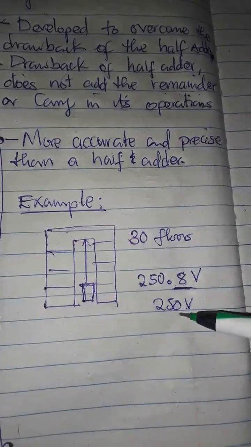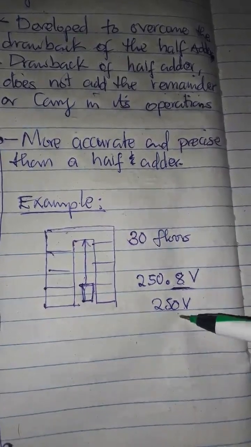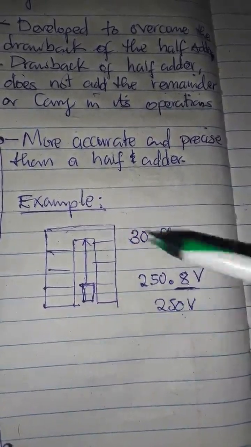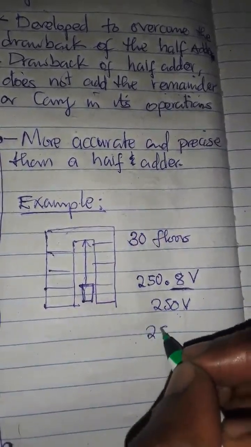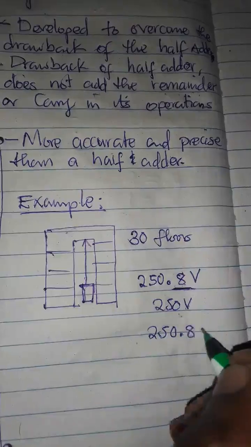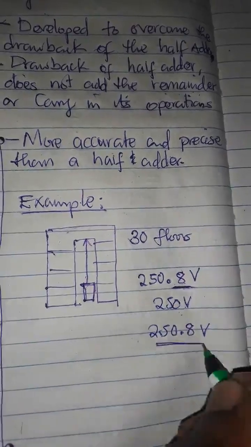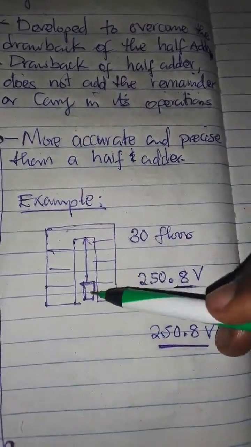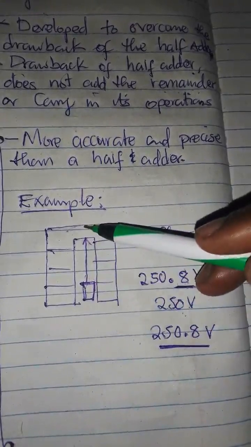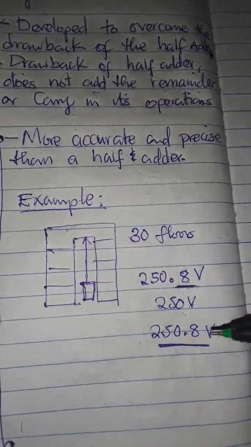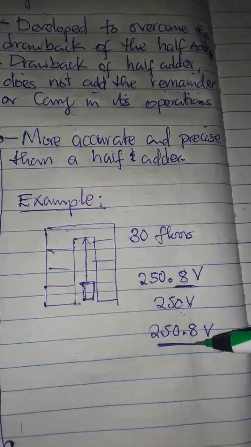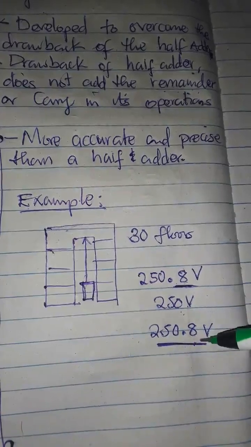But if you use a full adder to implement the elevator, the full adder is going to take into account the 250 plus 8 volts. That means the 258 volts is going to move the elevator from the ground floor to the last floor with optimum performance. That is why accuracy and precision are more important in physics and electronics in general.